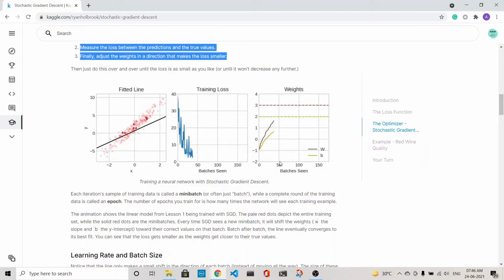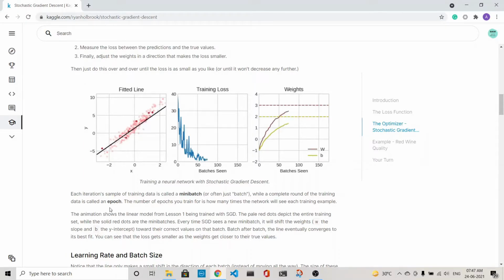Because you are taking the training data and breaking it up into samples, and to cover the whole training data, you require a number of steps. So that is why there is a mini batch and there is an epoch.